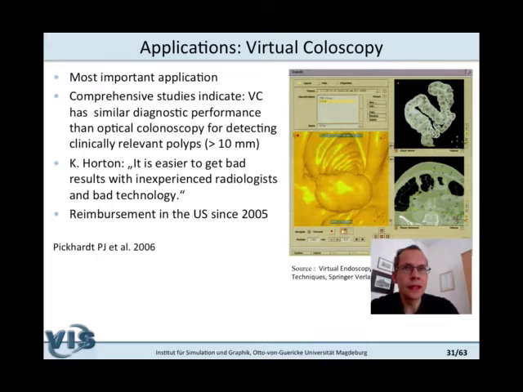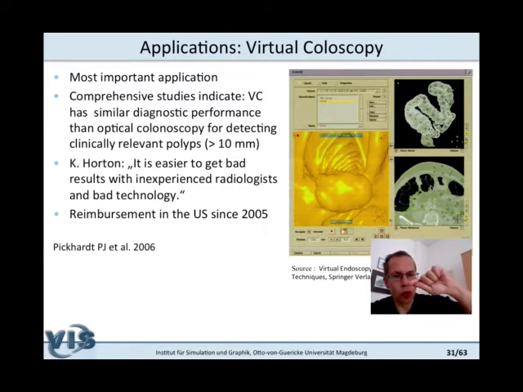For two reasons. Either the imaging that was used was not really of high quality in terms of slice distance, in-plane resolution, and signal-to-noise ratio. And the second thing is also quite important. Like with real endoscopy, also with virtual endoscopy, you need physicians that are experienced.